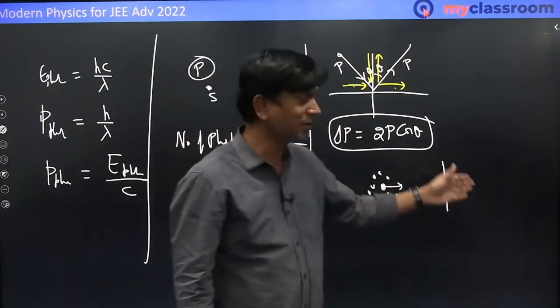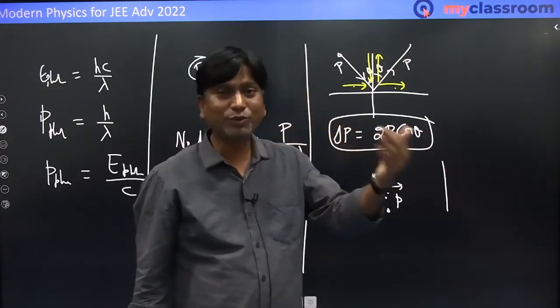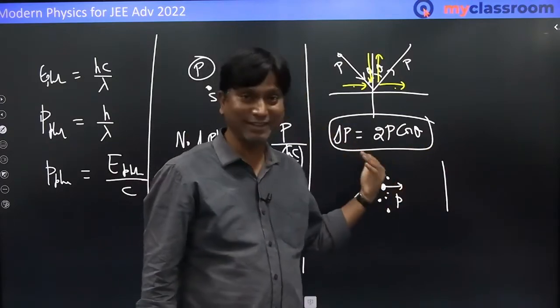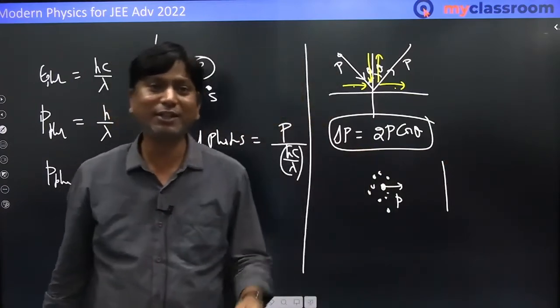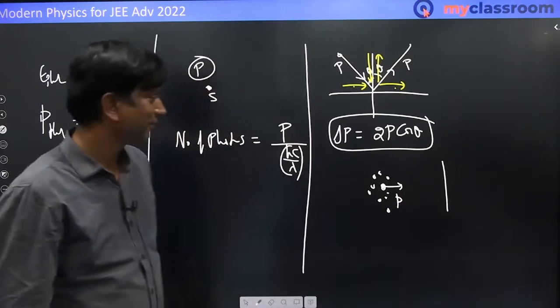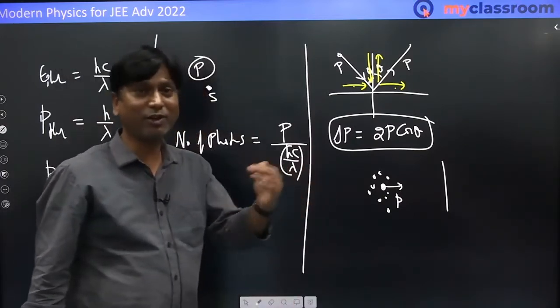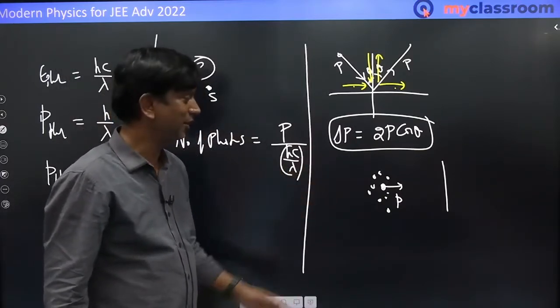Whenever photons hit the surface, they exert a force on it, and that force per unit area we call radiation pressure. So that is one more concept.